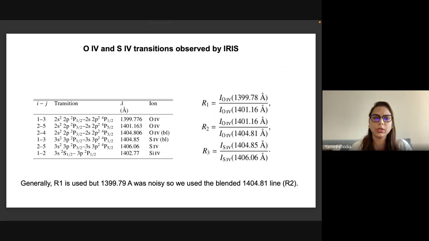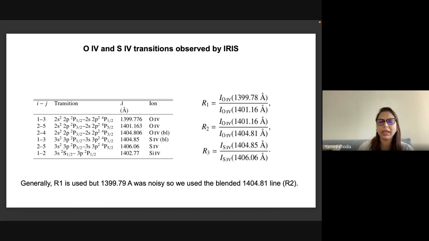So as I showed you earlier, these are different oxygen 4 and sulfur 4 lines. Mostly, to study the density diagnostics, the 1399 and 1401 oxygen 4 lines are used. But in our particular data set, we found that 1399 was quite noisy.